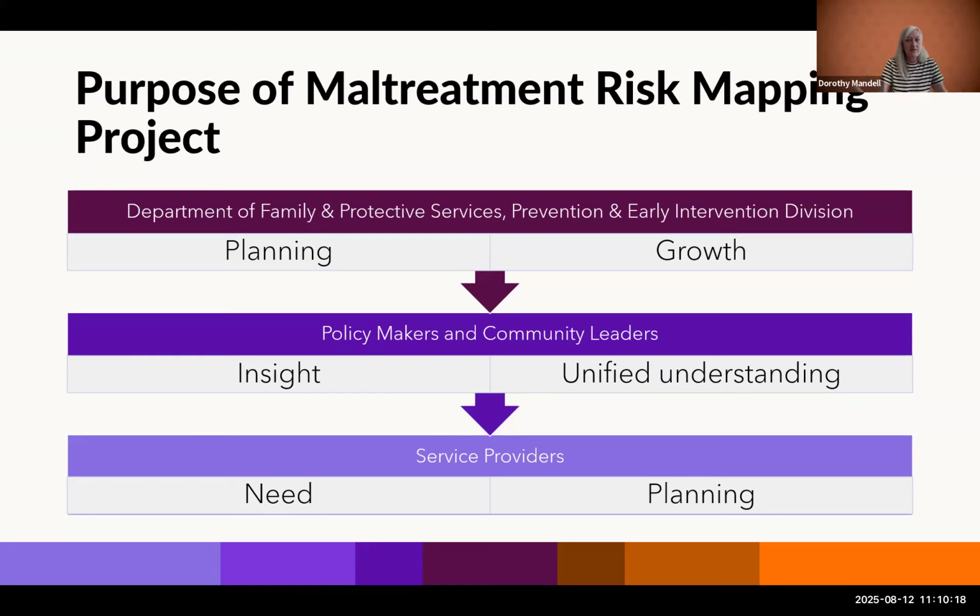It always feels like you're overwhelmed with it, but it never really tells you what you want to know. And so what we wanted to do with the risk maps is back up from that drowning people in data, which is what we did the first time we did this. We don't want you to drown in data. Instead, we want to give you the data that we see is the important predictors of maltreatment risk in a community.